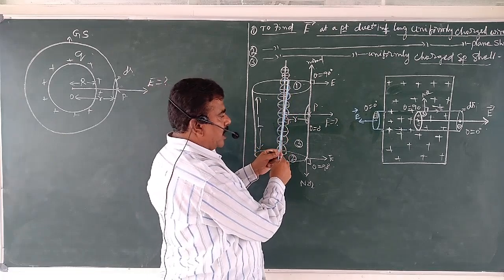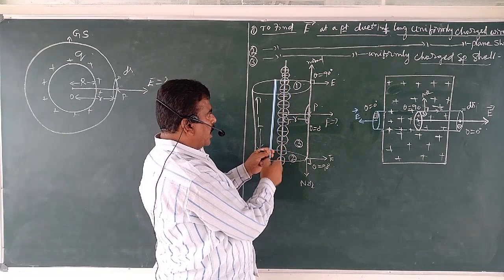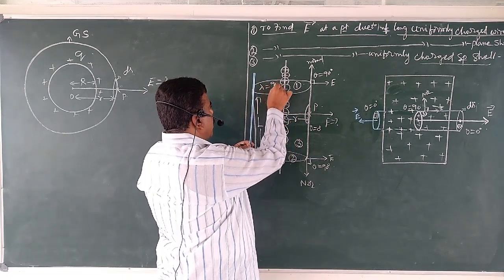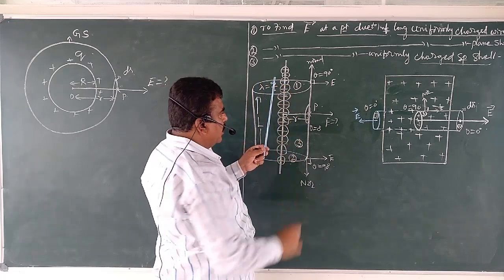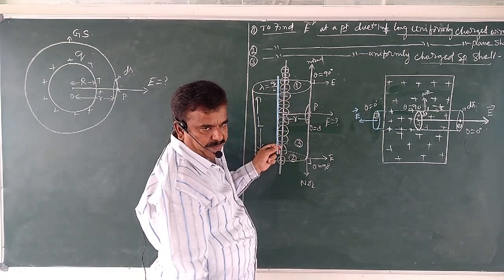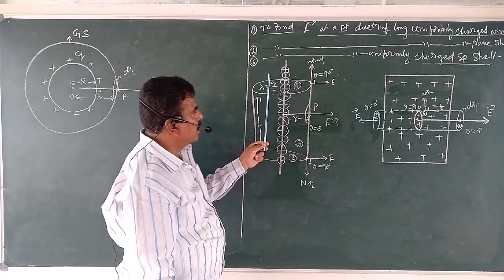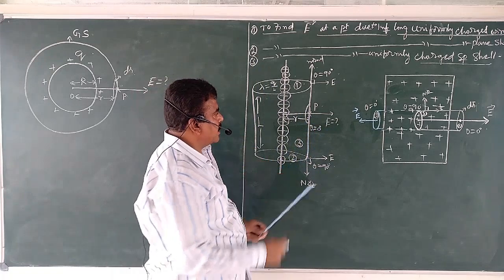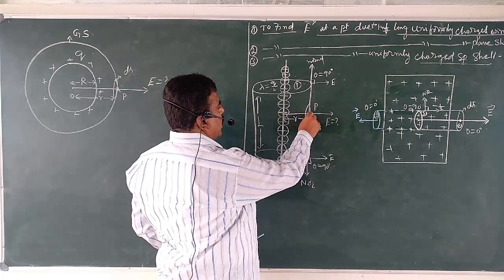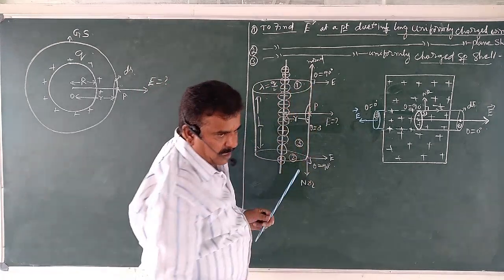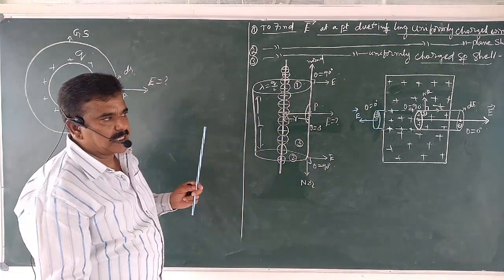Let lambda be the charge per unit length, that is the linear charge density of the wire. We shall derive the expression for the electric intensity at a certain point near the wire, using Gauss law. To apply Gauss law, what do we need?